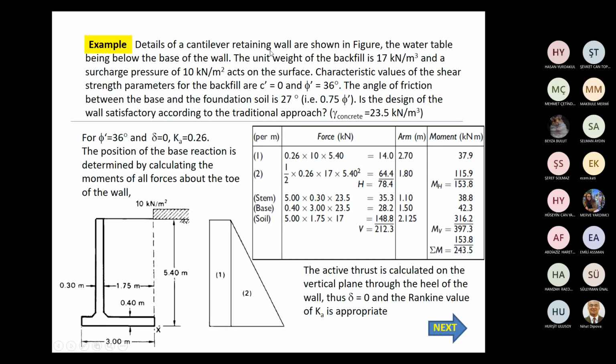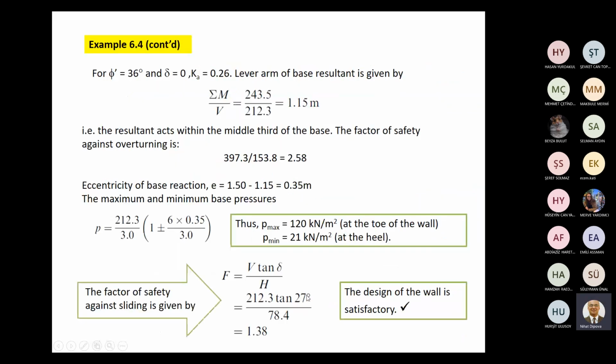It's given 27, tangent 27, divided by horizontal force. The force which tries to slide the wall is 1.38. Yes, that's all for this question.